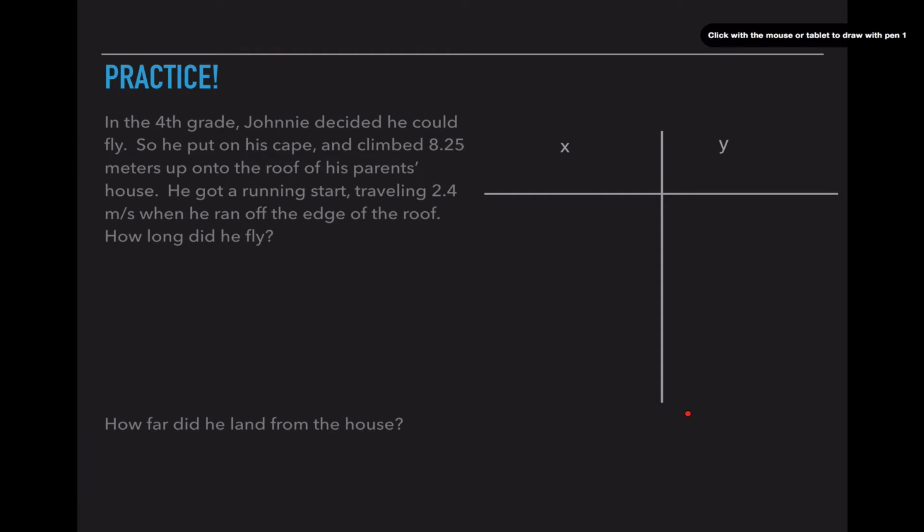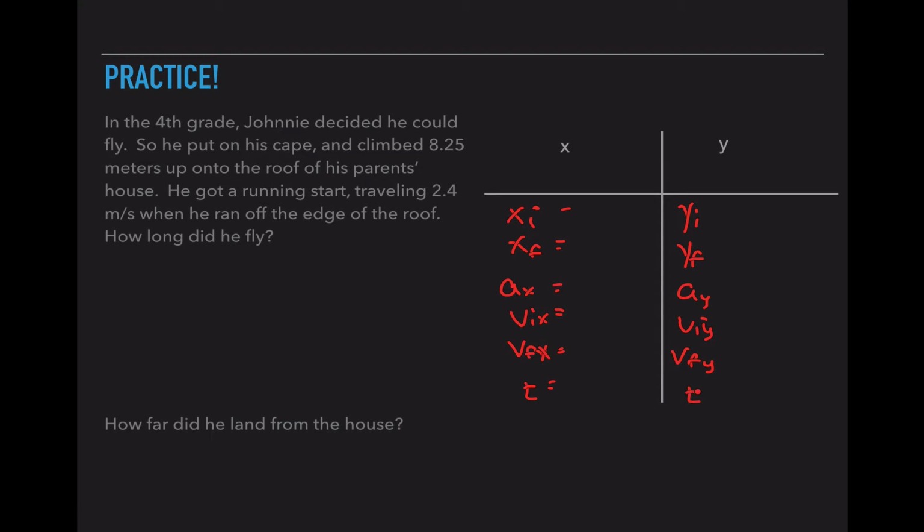Okay, so we're going to list our knowns and unknowns. And I know it's kind of silly that he just ran off the edge of the roof, but that works in this situation. Okay, so we have XI, XF, AX, VIX, VFX, and T. YI, YF, AY, VIY, VFY, and T. And I'm going to go back and add in those yellow starred items that I automatically know.